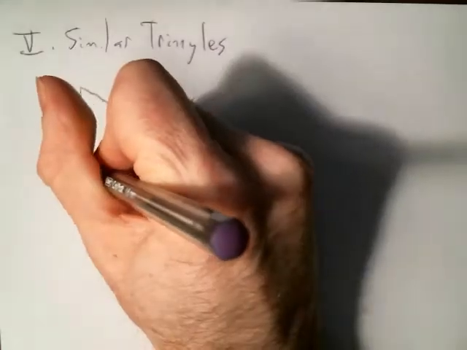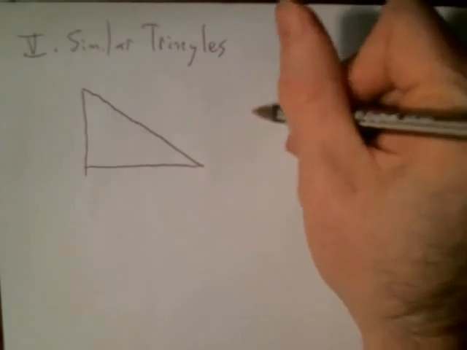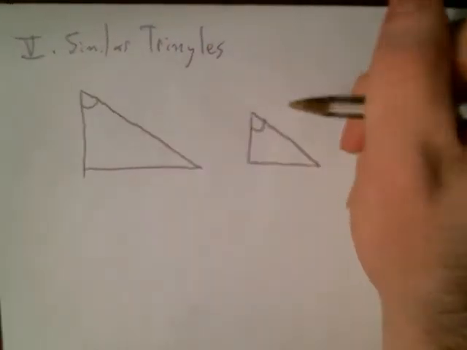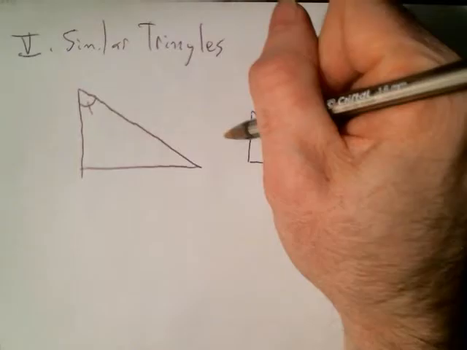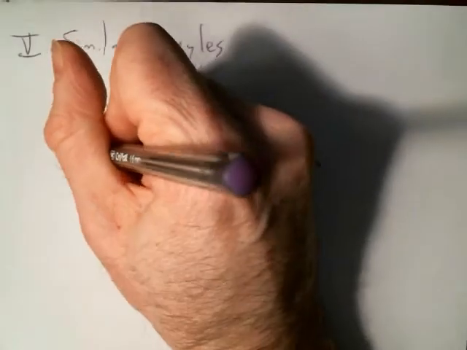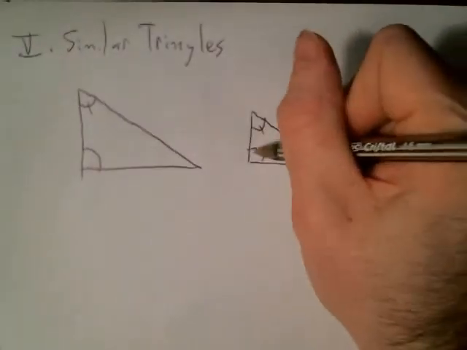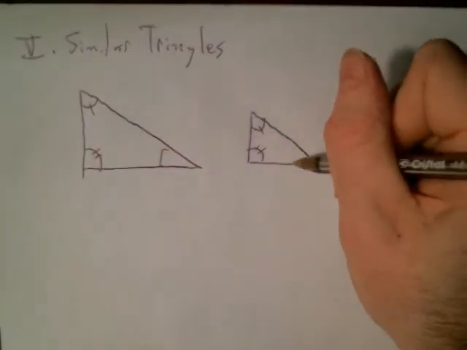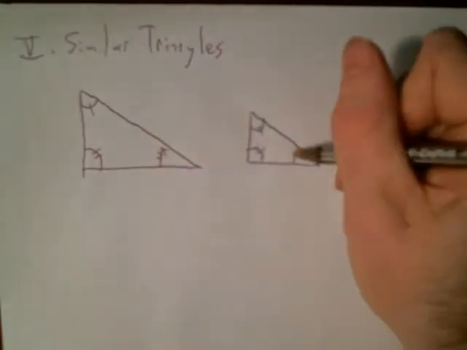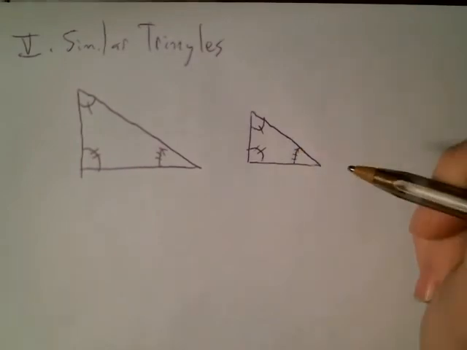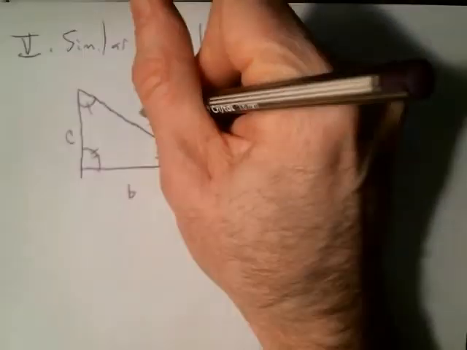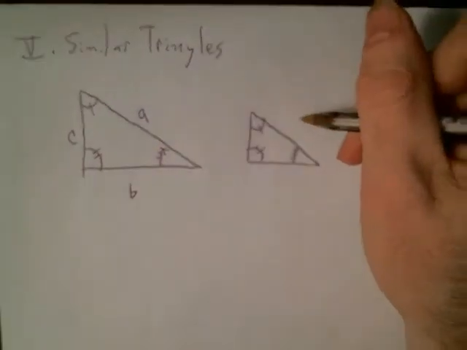So if you have similar triangles, where the angles are all the same, so this angle and this angle are the same, and then this angle and this angle are the same, and then this angle and this angle are the same, they're called similar. And if they're similar, then you can equate ratios of the sides of the triangles.